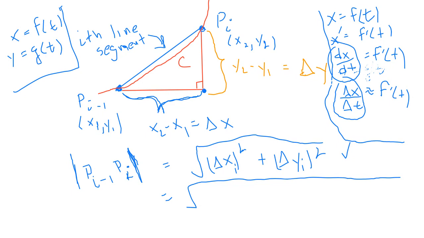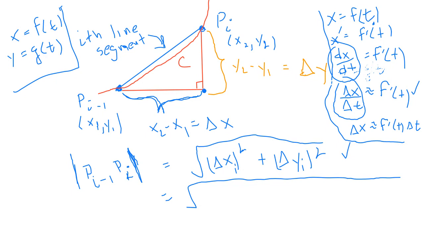Now, if delta x over delta t equals, or is approximately, f prime of t, that means delta x is approximately equal to f prime of t times delta t.